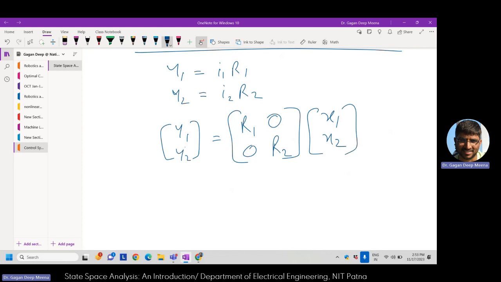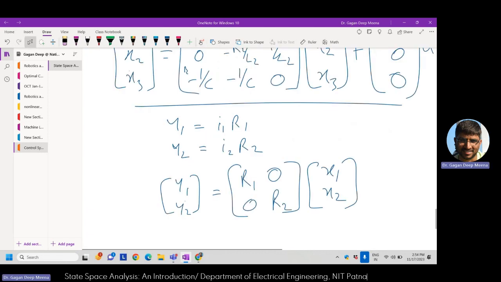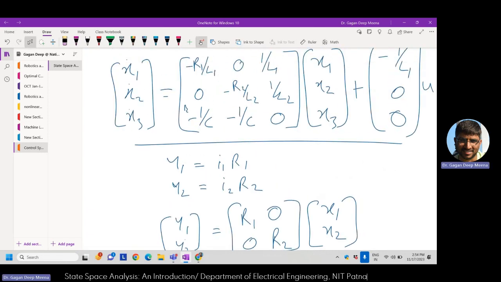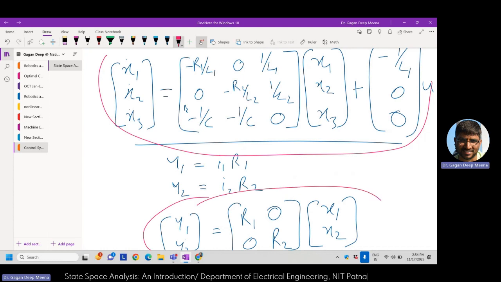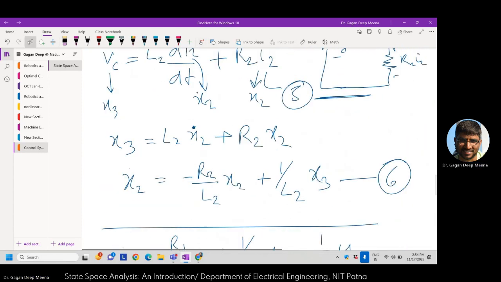So in this way, we are able to write the state space representation for an electrical circuit. These two equations, which are marked in red boundaries, are the state space representation of the circuit which was shown in the beginning.